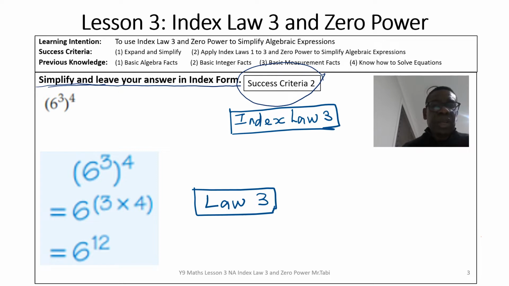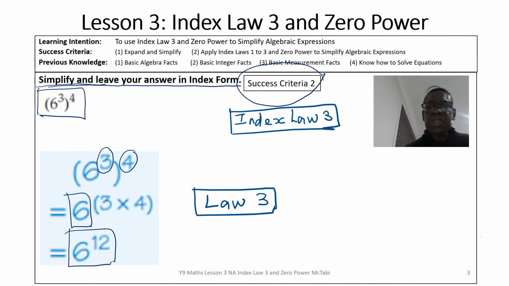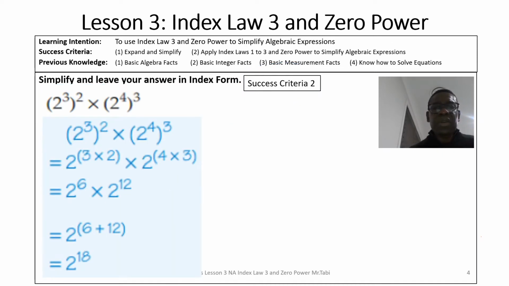So for 6 to the power of 3, to the power of 4, applying the law, it is the base 6 raised to the power 3 times 4, which is 6 to the power of 12.